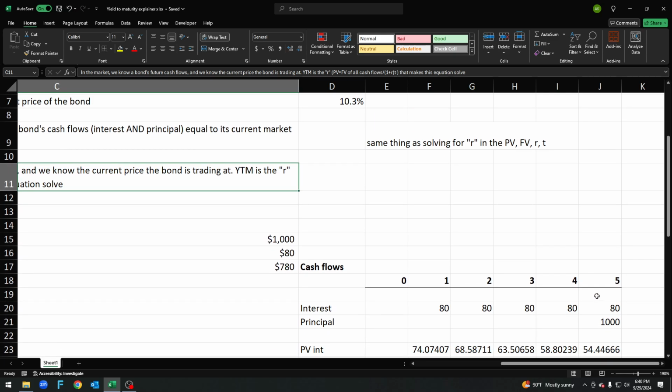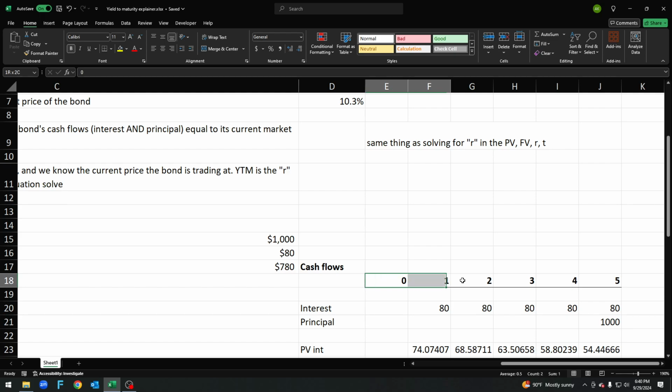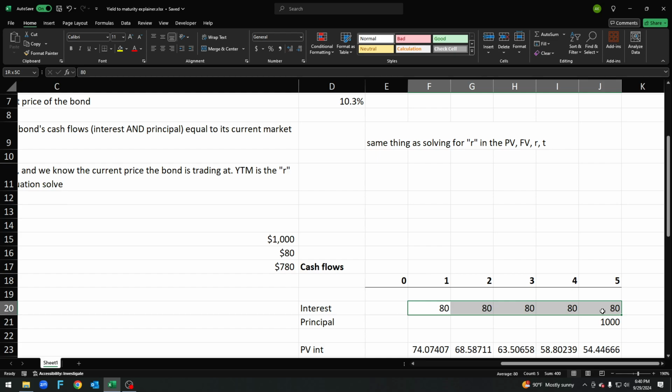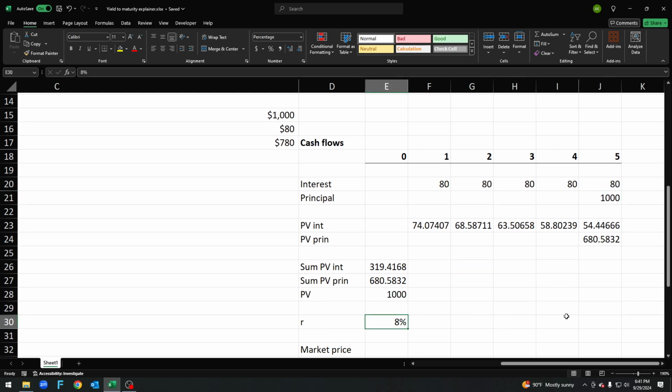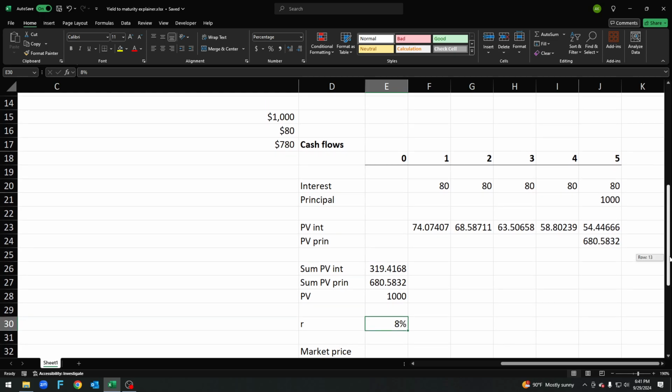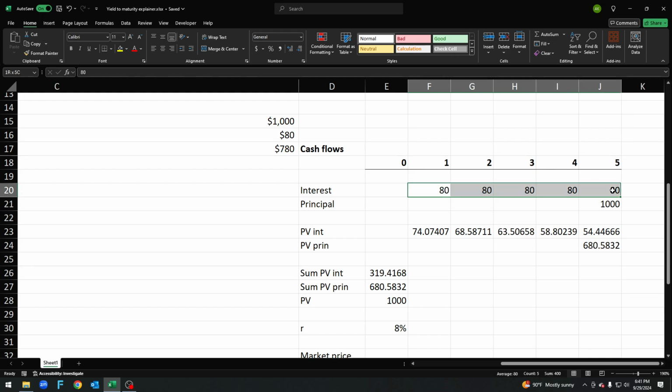So let's say that we have this bond here. It's a 5-year bond. These are the cash flows. This is the interest. And this is the principal. So what's the PV of this, if the discount rate is 8%? What's the present value of these cash flows?